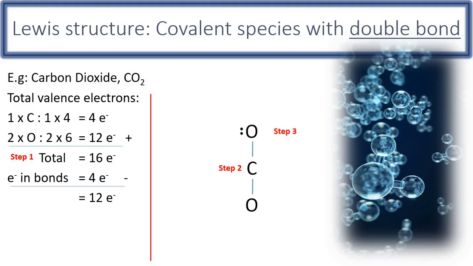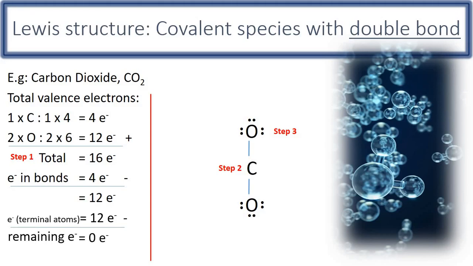Fill in the pair of electrons on both oxygen atoms so that they both have octet configuration. Here, we must subtract these 12 electrons from the total number of valence electrons. As we can see here, there is no remaining electrons. Therefore, we can skip step 4.